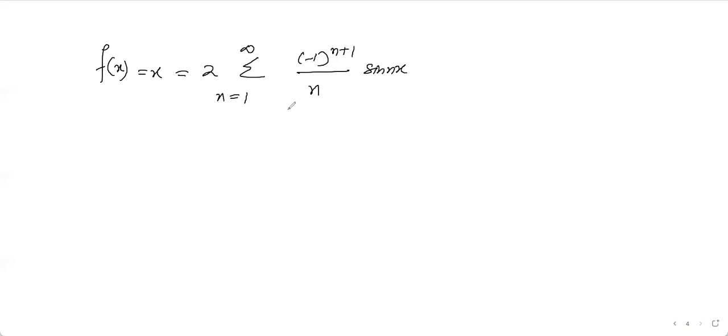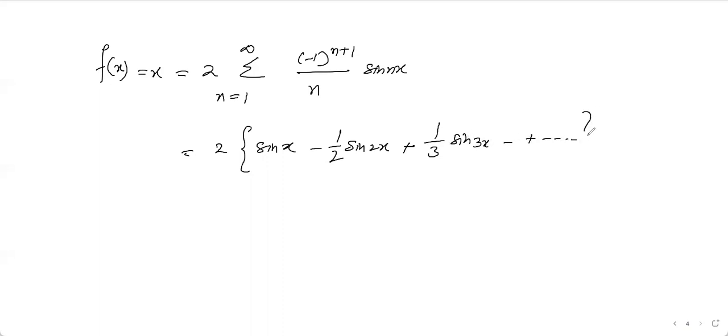This will be 2 times sine x minus 1 by 2 sine 2x plus 1 by 3 sine 3x, and so on.